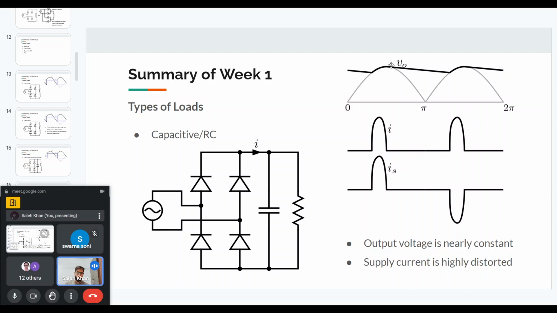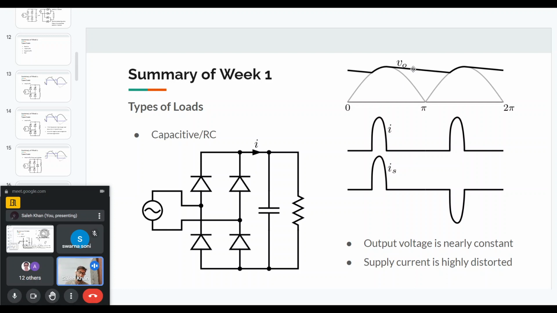For example, if I start at the peak of the voltage, the capacitor will retain the voltage and slowly give current to the load, and that is how the voltage across the capacitor will slowly fall. But since the output voltage is higher than the supply voltage, these diodes will not be forward biased. They will remain off, they will be reverse biased.